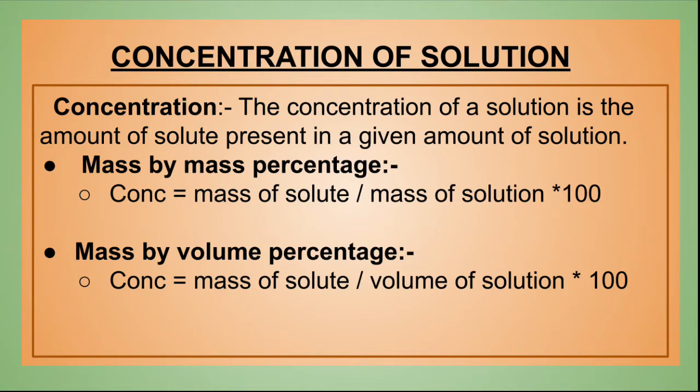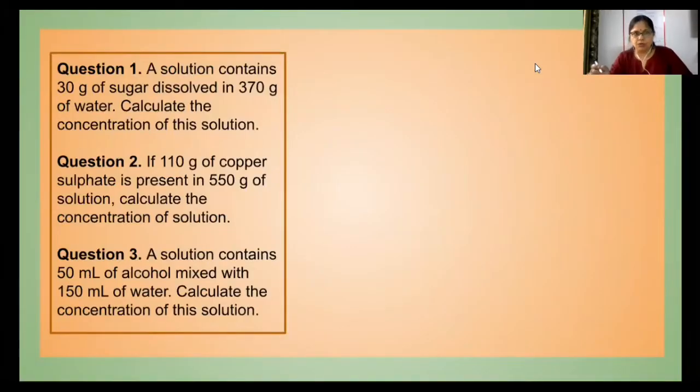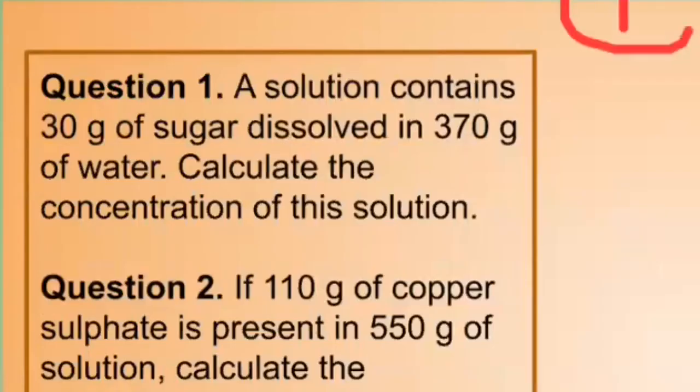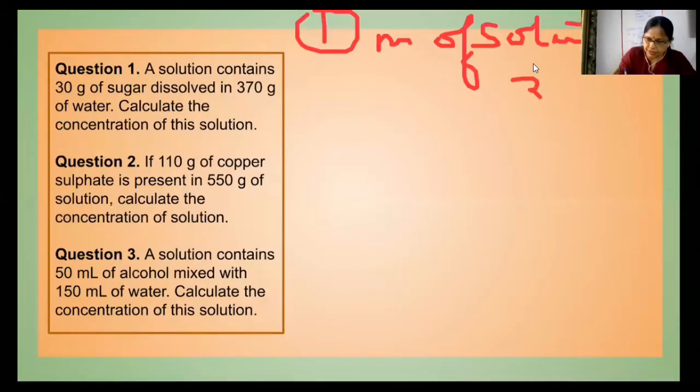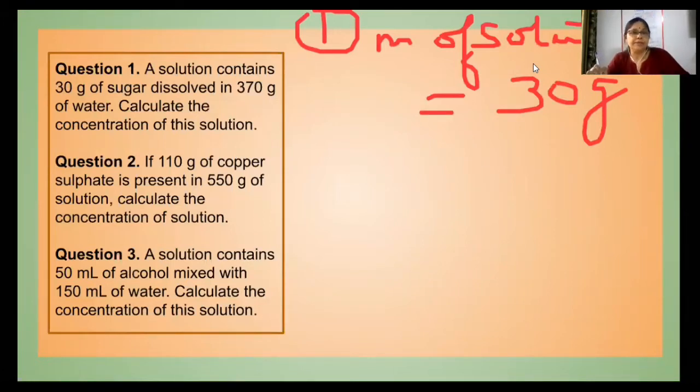Then let's see the questions given here. Let us try to solve them one by one. Let's take the first question. A solution contains 30 gram of sugar. Mass of solute is 30 gram. It is dissolved in 370 gram of water.